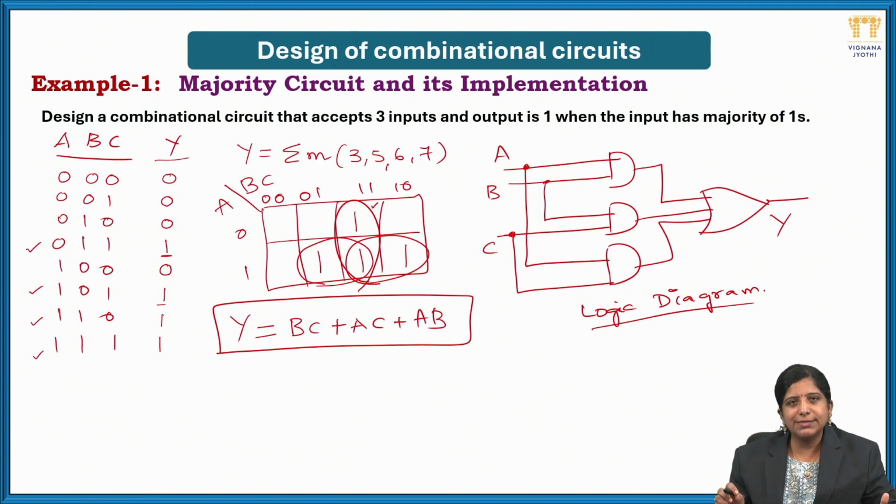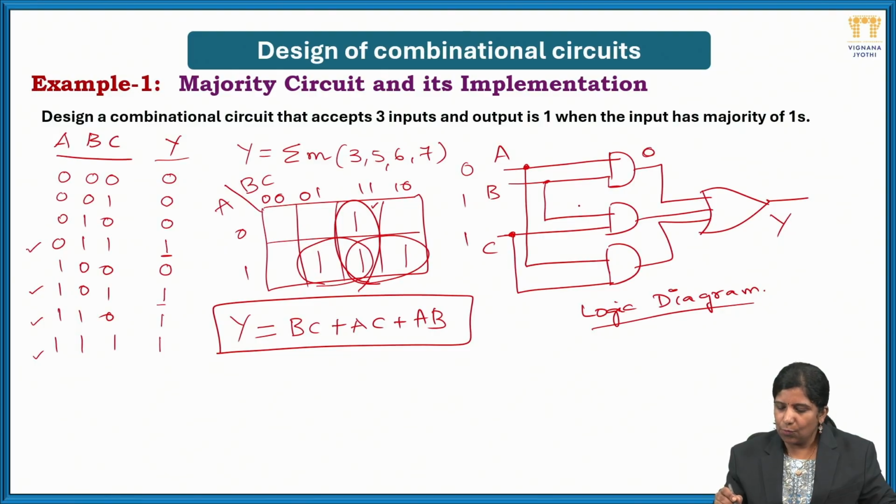Now I want to check whether my logic diagram functionality is correct or wrong. For that, I will take any one combination of the input. What combination have I taken here? 0, 1, 1. I will check the functionality of my design. Now 0 into 1, what will be the output of this AND gate? It will be 0.